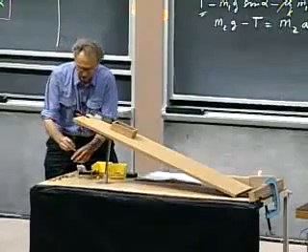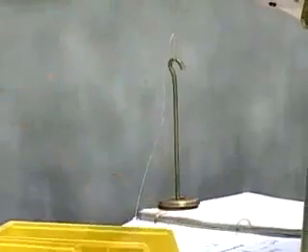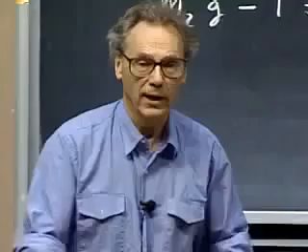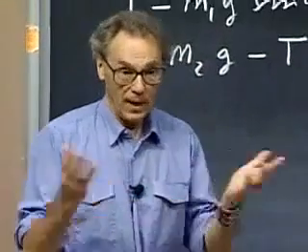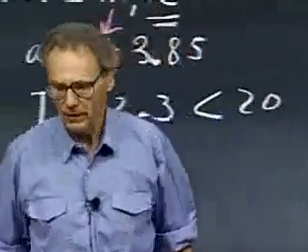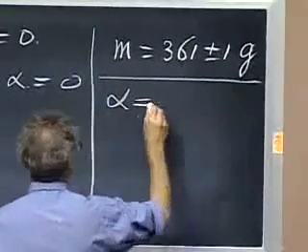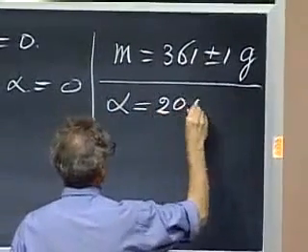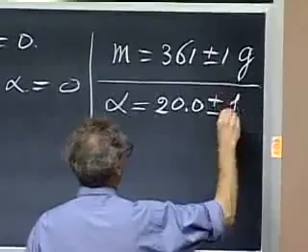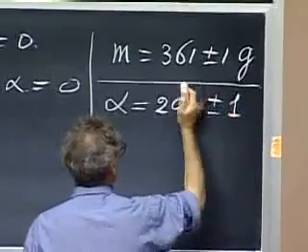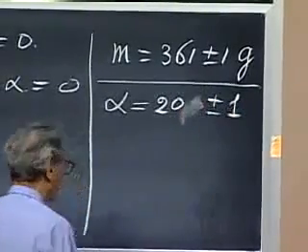Now there is 100 grams, and it's not going. It's happy, and it's sitting there. A is 0. That condition isn't met, and this condition isn't met. So now you must write down in your notebook that alpha now, it's an independent experiment, equals 20.0, maybe plus or minus 1. I think it's about 1 degree accuracy that I can do.